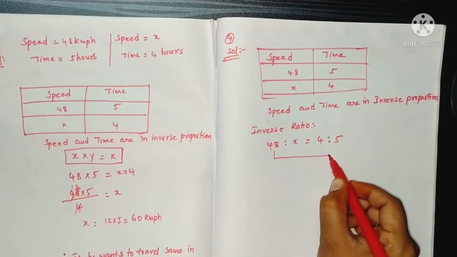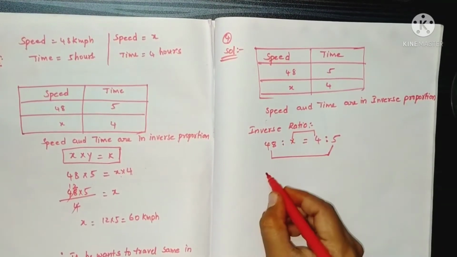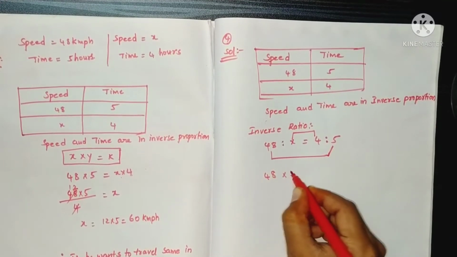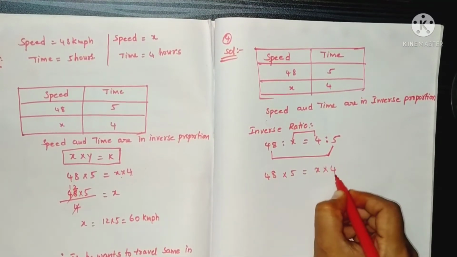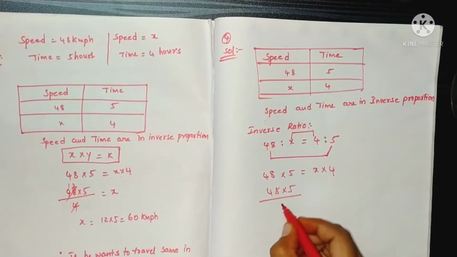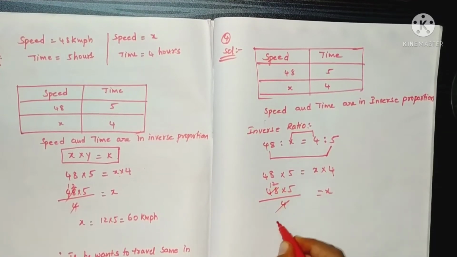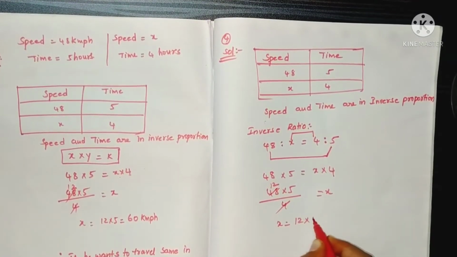So product of extremes is equals to product of means. So 48 into 5 is equals to x into 4. Same here, just like this. Whichever concept you use is your choice.